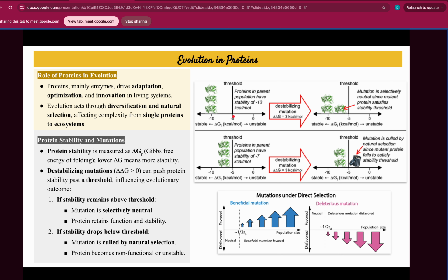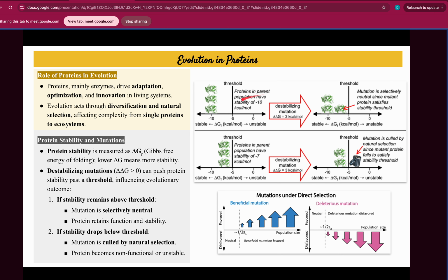This black bar in the middle represents the threshold, and these are the delta G values, the delta G of folding. If the delta G value is towards the left side, that means if delta G value is negative, then our protein or enzyme structure is stable. Whereas if these values are towards the right, or positive, or more than the threshold, then our protein structure is unstable.